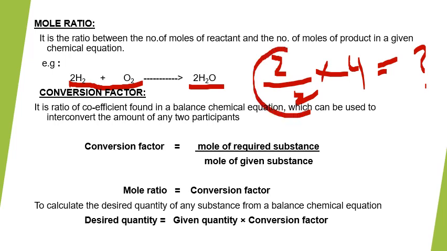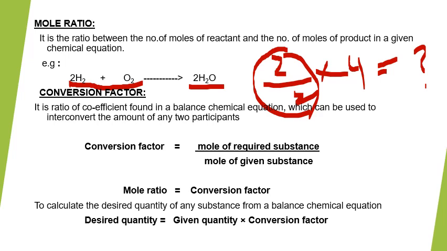This one is the substance, the moles of which are required, divided by the moles of the substance which is given. What is meant by the conversion factor? The conversion factor is the ratio of coefficients in a balanced chemical equation which can be used to interconvert the amounts of any two participants, right?